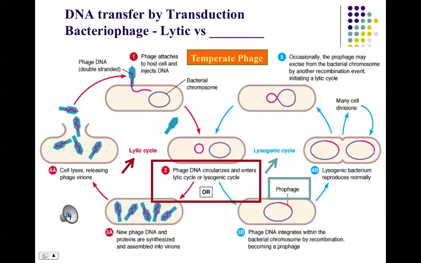A second mechanism of gene transfer occurs naturally by some types of bacteriophage that we call temperate bacteriophage, or temperophage. We'll come back to these same kinds of examples when we discuss viruses in class, but again, a naturally occurring process for certain types of bacterial viruses is the incorporation of viral DNA into the bacterial chromosome.